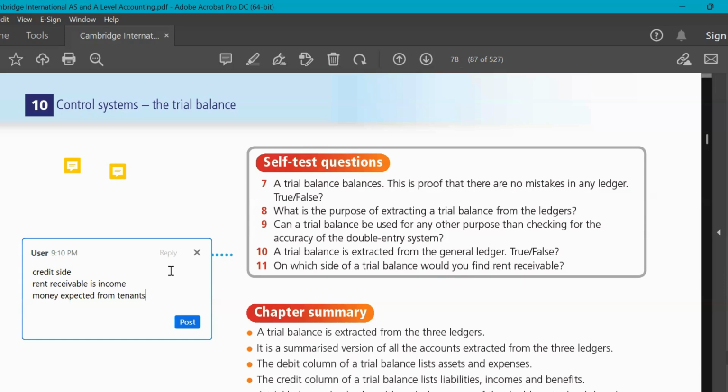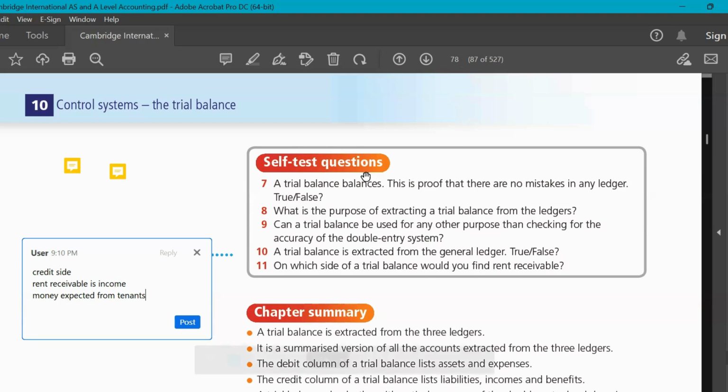If you have a business renting out houses, you're expecting income from the rent. So rent receivable is considered an income. Again, rent is income. That's it.